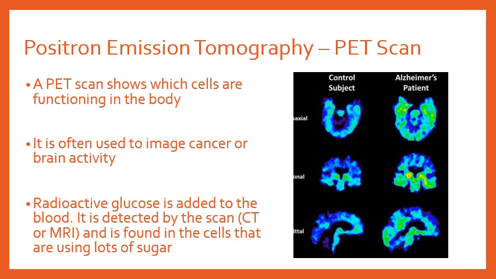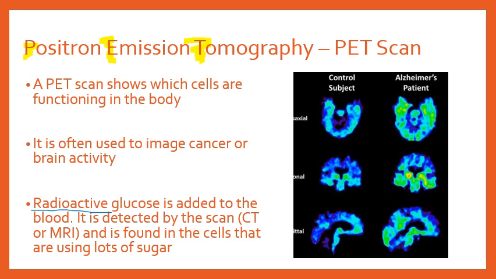Something else we can do is what's called a PET scan, a positron emission tomography. So essentially the way that this works is we are able to take a photo of cells that are using sugar.